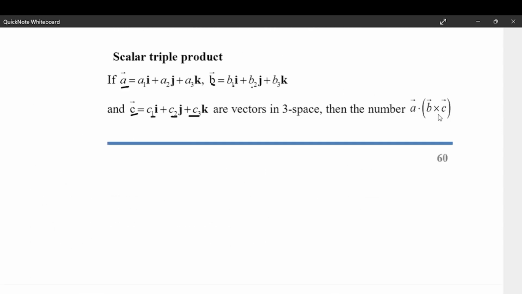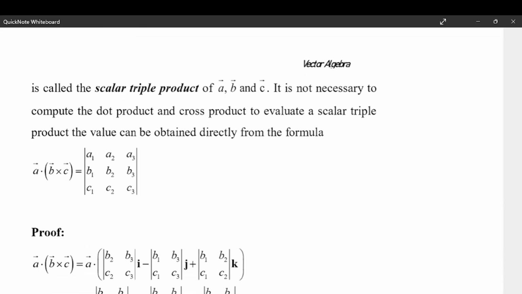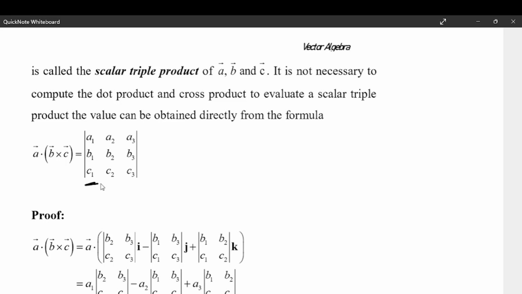Because we have the dot product and the cross product, it doesn't necessarily mean we have to tackle this one first and then dot the result with A. But there's an easier way for us to do this by using the determinant approach. So for the first one, fix the triple pair of the vector A followed by vector B and then C. Of course, it will result in the same answer.